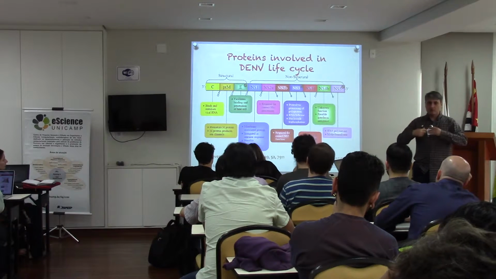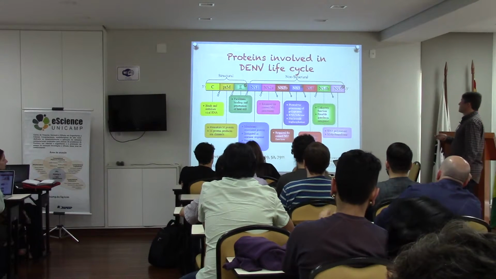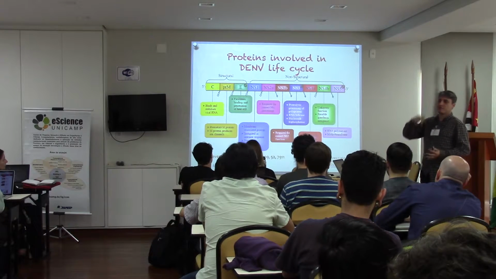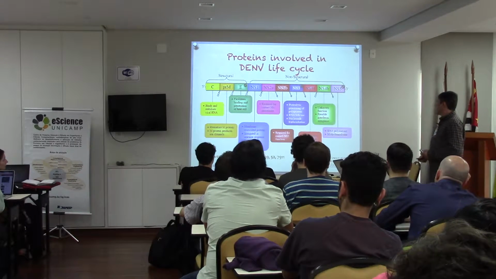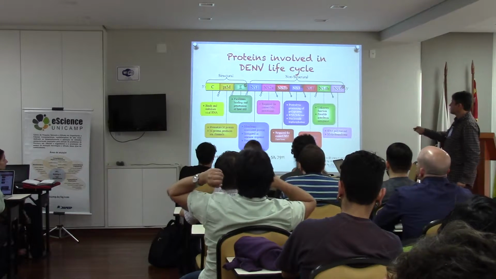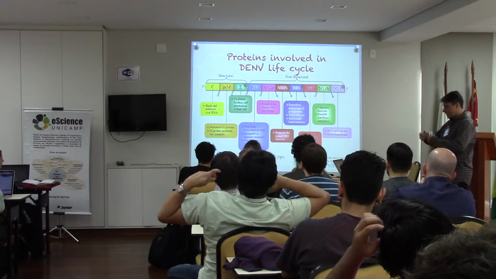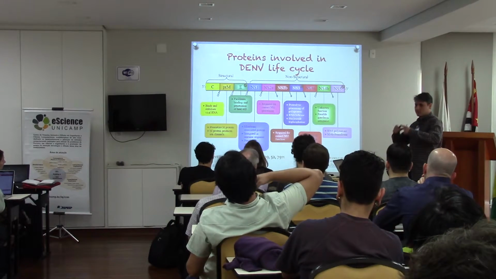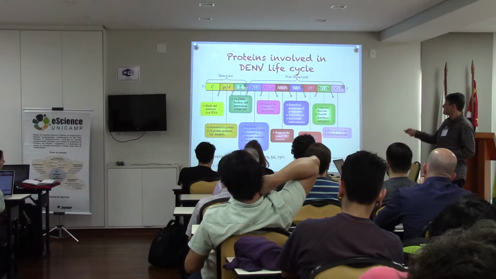So our interest in dengue started from this, because when we came to Brazil, we wanted to work with something that affects us locally. The way the viruses work, and you've seen with Sergio's talk here the image of the Zika virus, dengue is about the same.